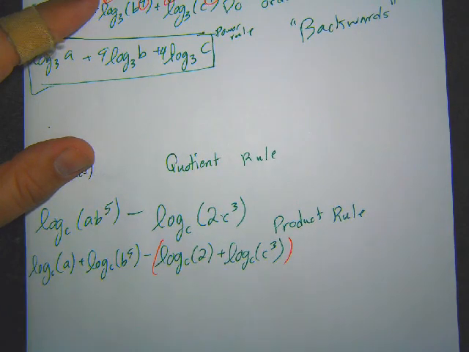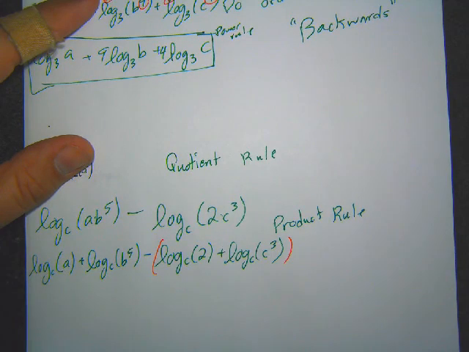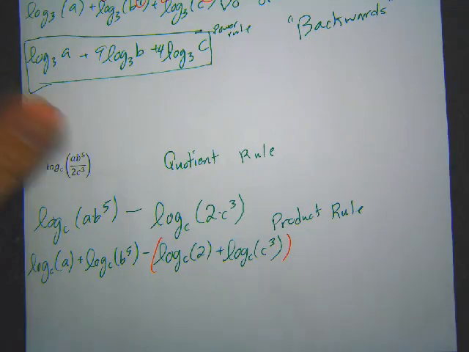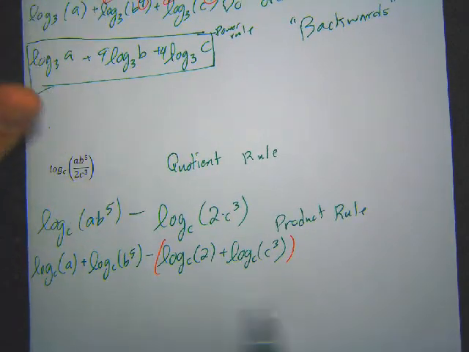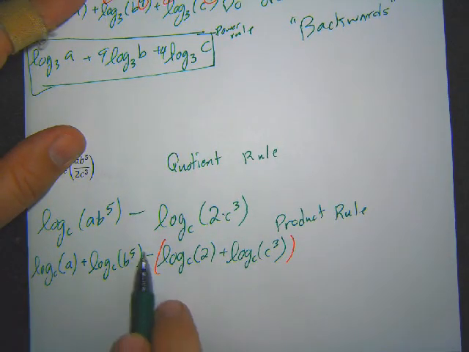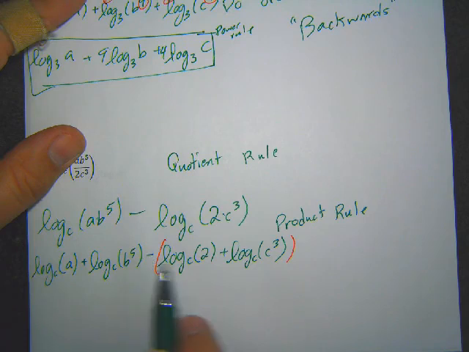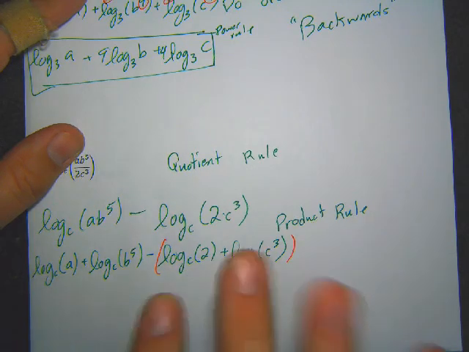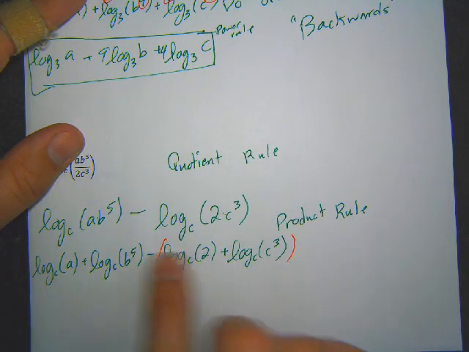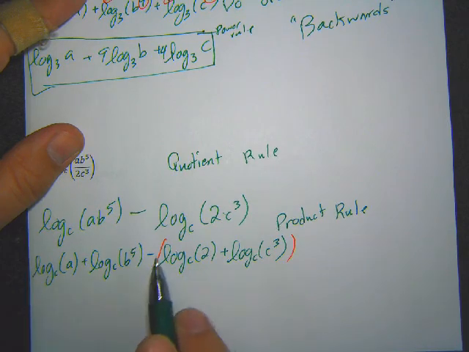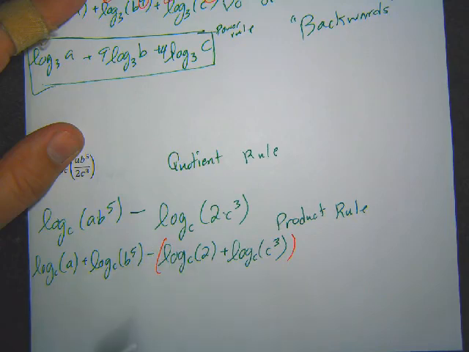You could distribute that minus to both parts and then get rid of the parentheses if you want, but if you leave it, that's fine. We're just trying to expand, so I'm okay with having parentheses. That's not going to bother anybody. But you do need to make sure that you indicate that this minus applies to both parts. If you type this in MATLAB without the parentheses, without distributing the negative, if you just had minus log this plus log that, you're going to get it wrong because it's supposed to be a minus for both parts.